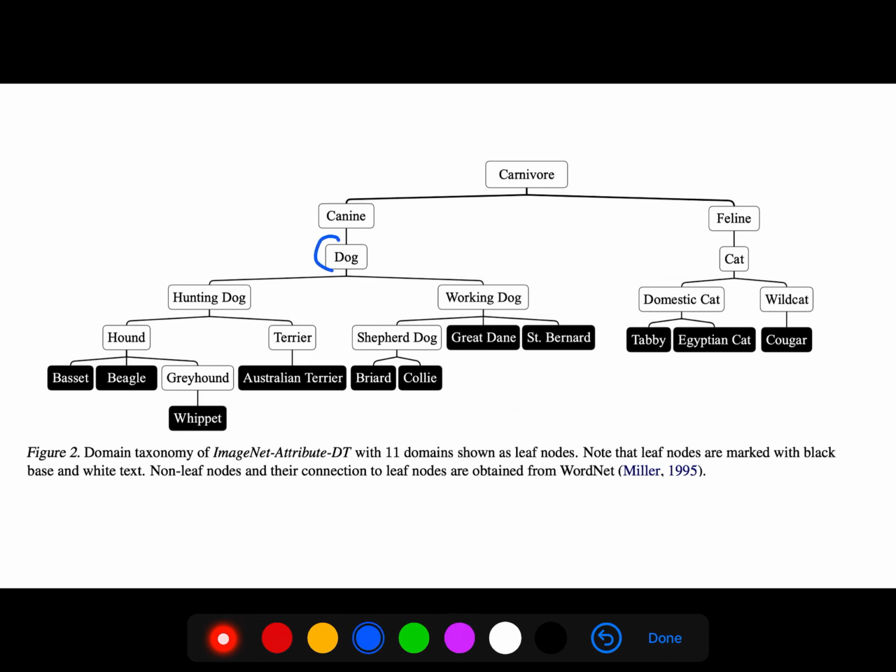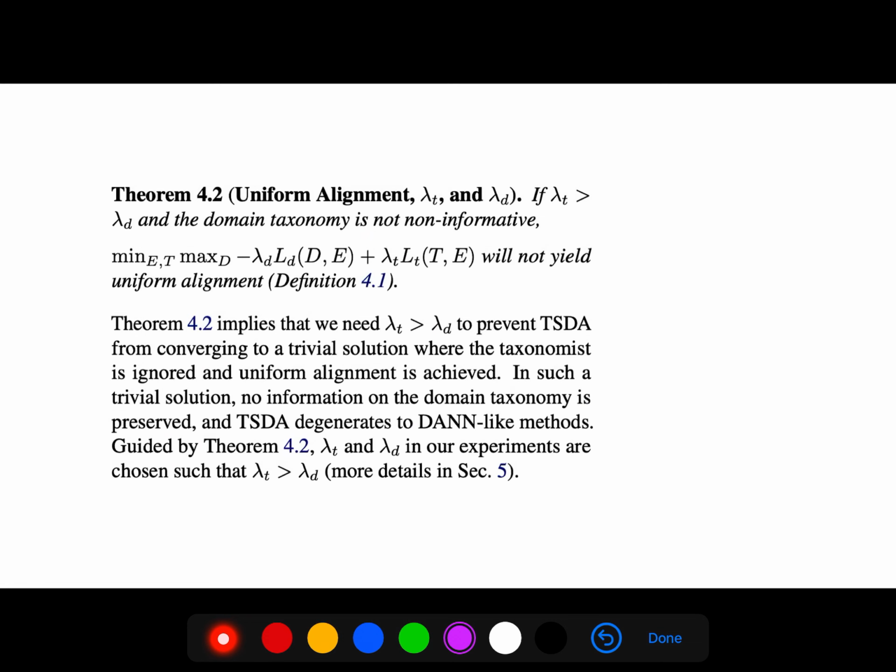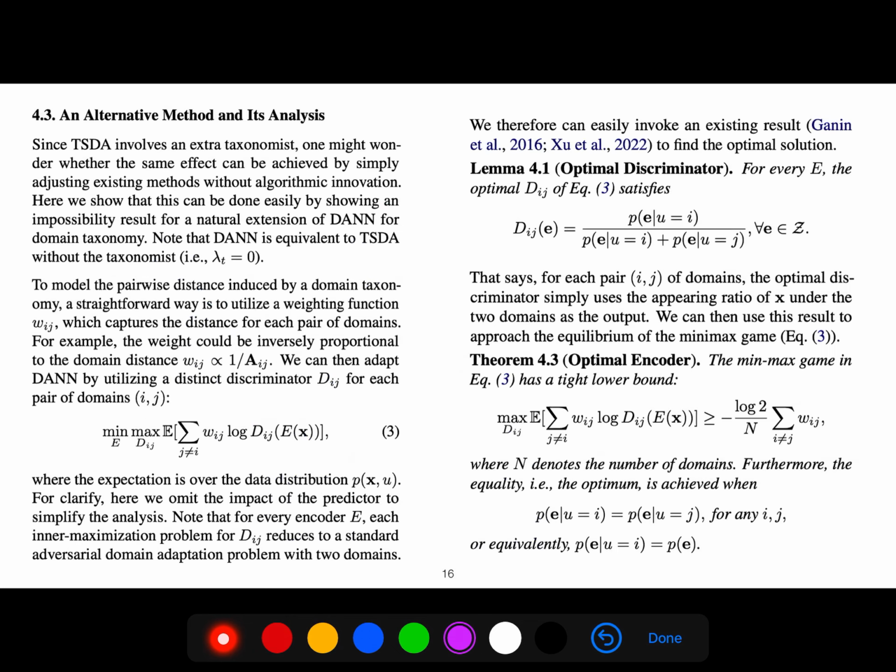For example, this one has many domains, but the leaves like this one have just one domain. Uniform alignment: so if lambda sub t is positive and the domain taxonomy is not non-informative, then the min-max will not yield uniform alignment.